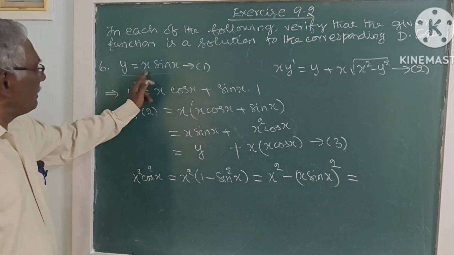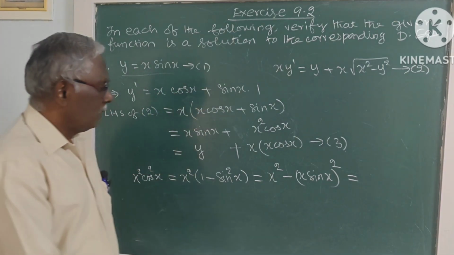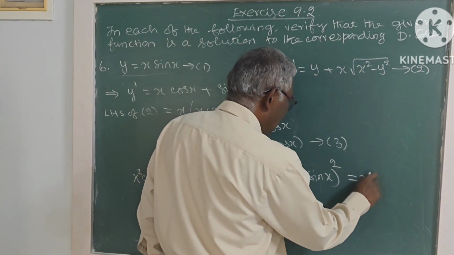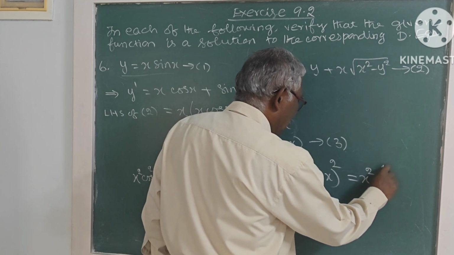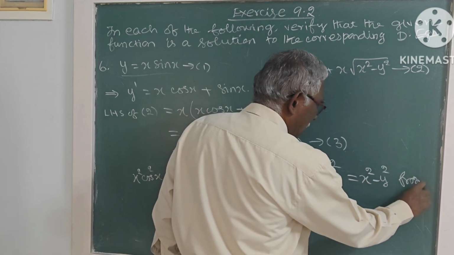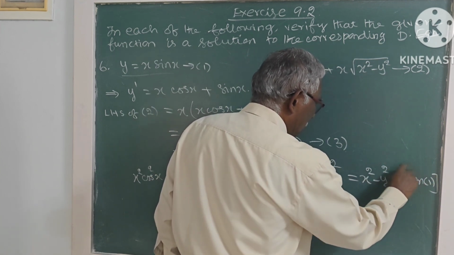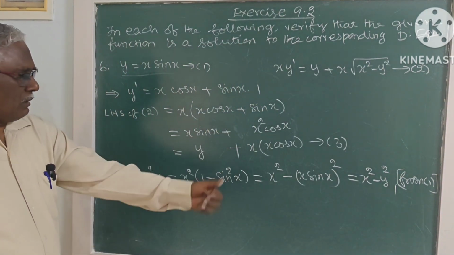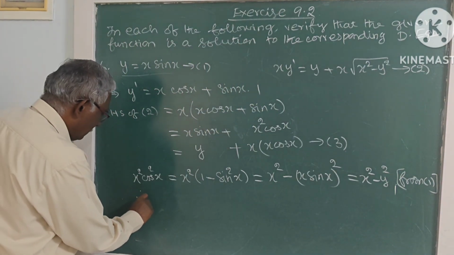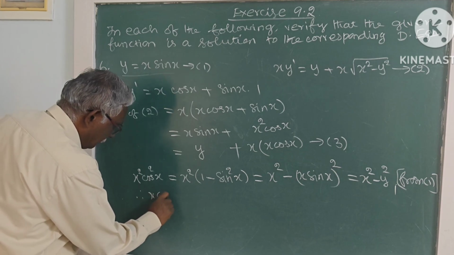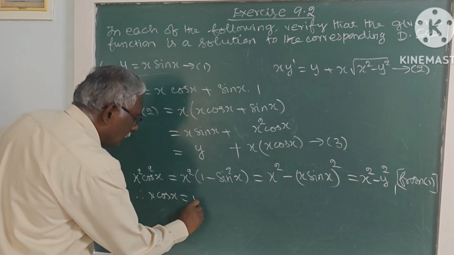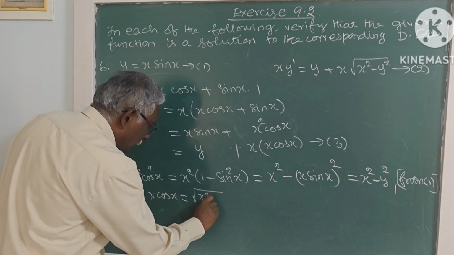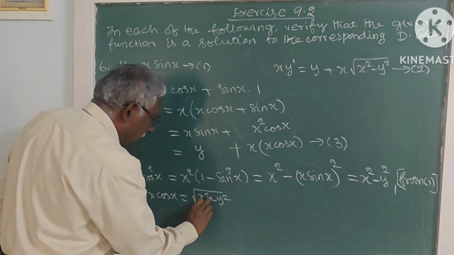Now x sin x is nothing but y. Therefore, this is equal to x square minus y square from 1. Now, from this we get x cos x is equal to square root of x square minus y square.